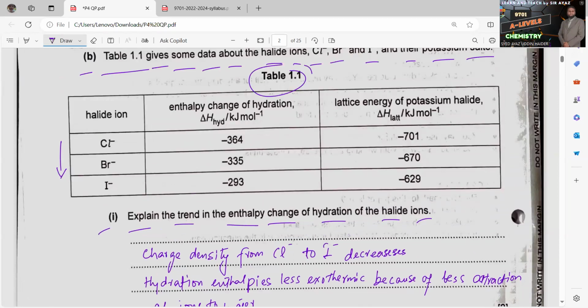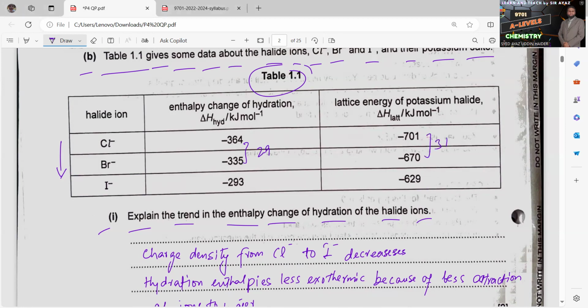If you look at the difference between these two, minus 364 to minus 335, it's 29. Difference is 29. What about the lattice energy? 701 minus 670. It's 31.